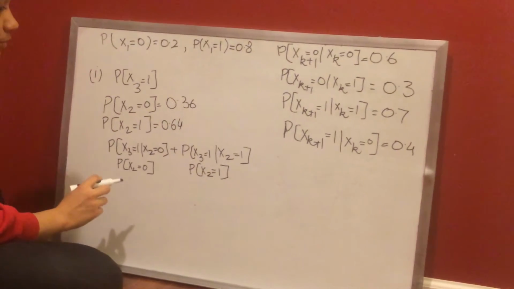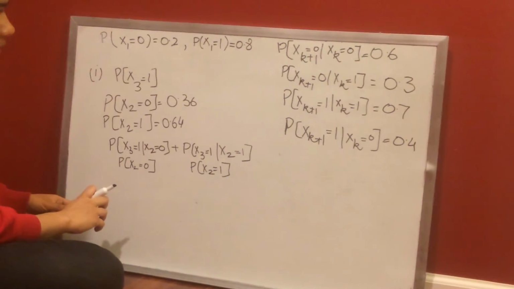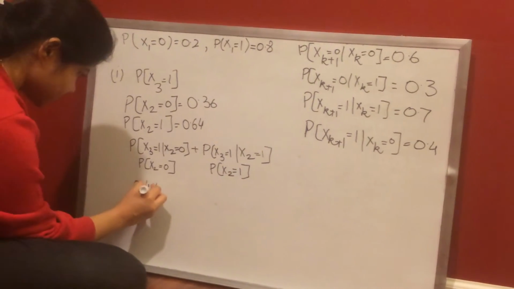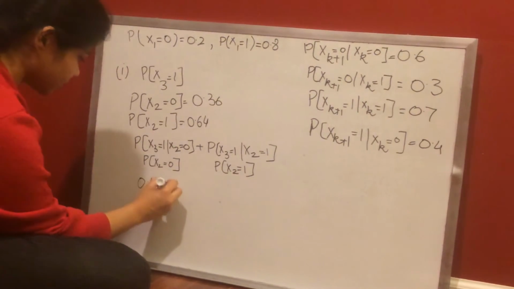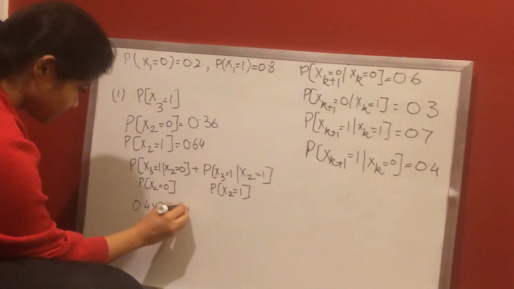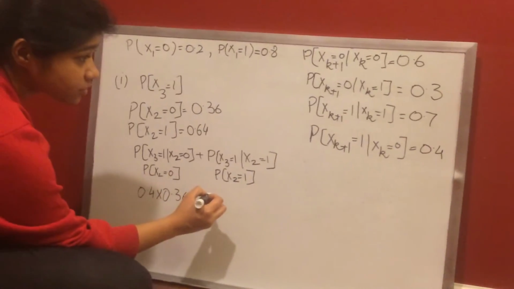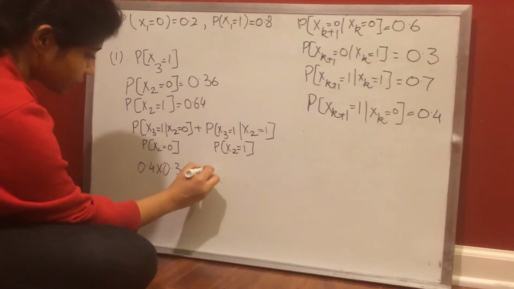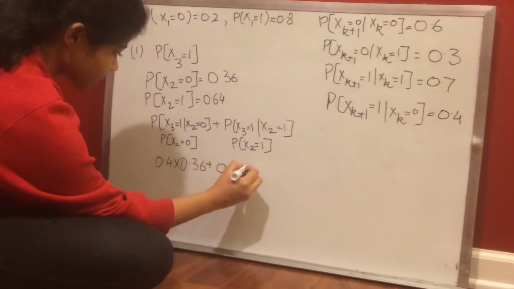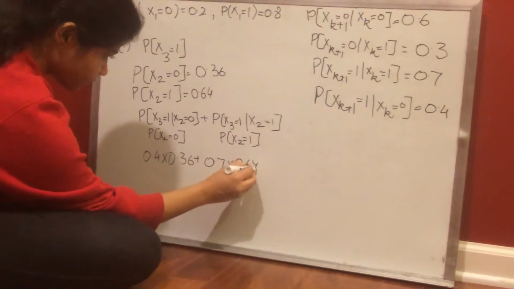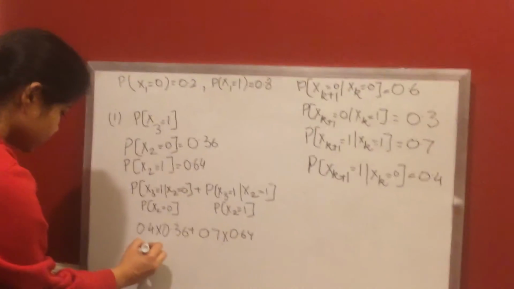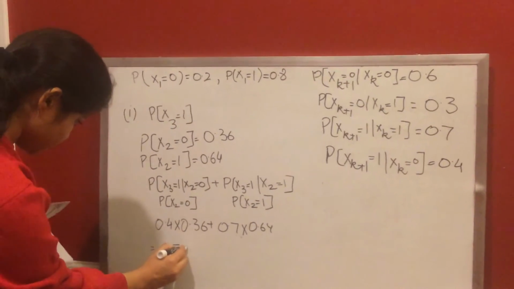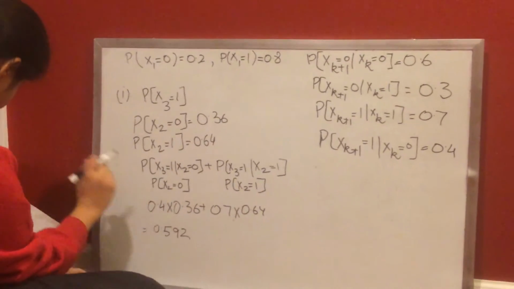So probability of x3 equals 1 will be equal to 0.4 multiplied by probability of x2 equals 0, that is 0.36, plus probability of x3 equals 1 given that x2 equals 1, which is 0.7, multiplied by 0.64. This will be equal to 0.592.